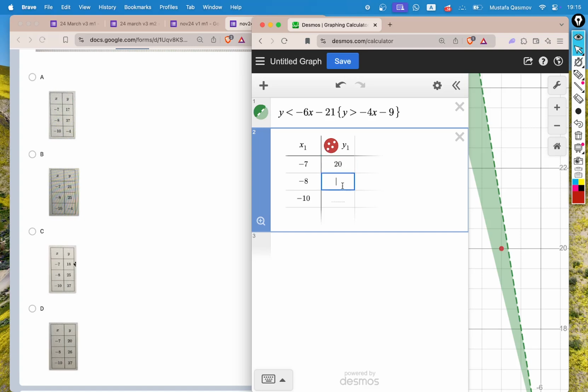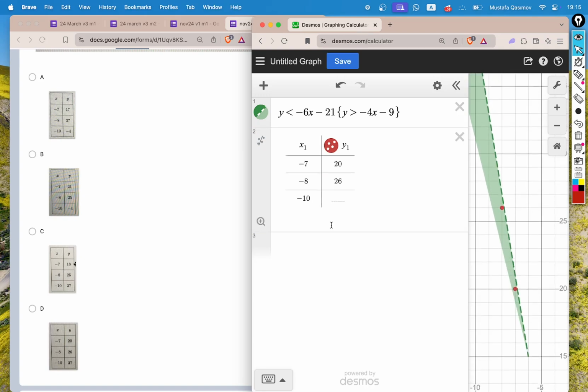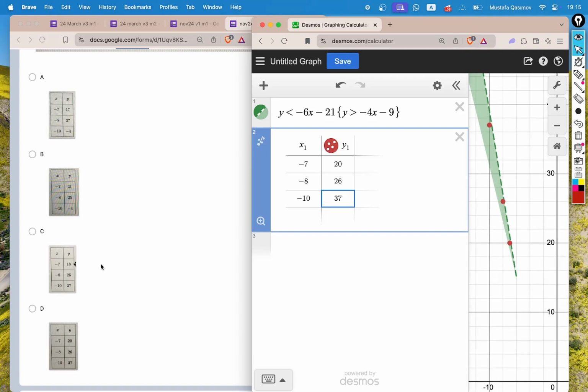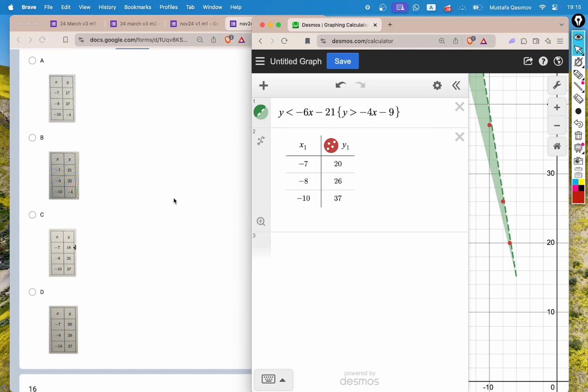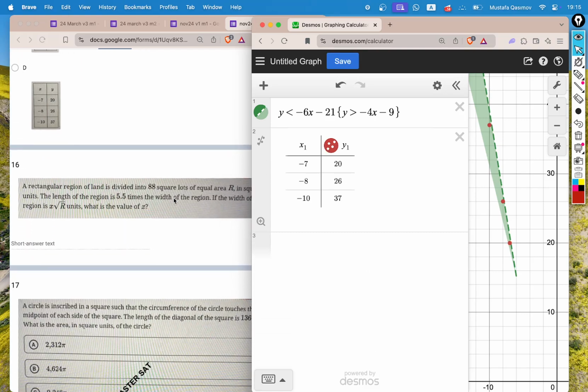Okay, 20 is correct. 26, it's also correct. And 37, also correct. So answer is D. Do it like that. It is the best method.